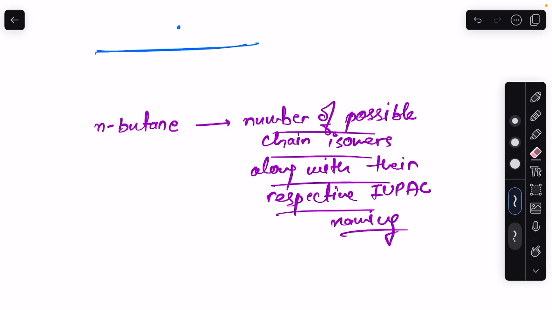So this is the question for you. Next one is stereoisomerism.